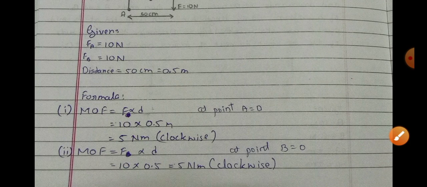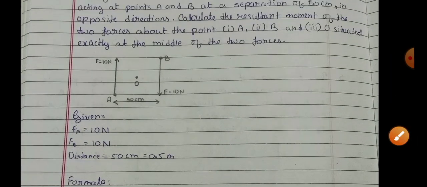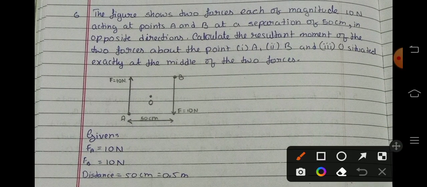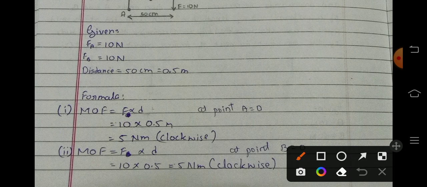Now substitute the values. So this is the moment of force for point A, the first question. Substitute the values for point A. As you know, for point A you will get 0, so I have not written the plus 0, I wrote directly F into D. So here we get 10 Newton meter, that is clockwise.